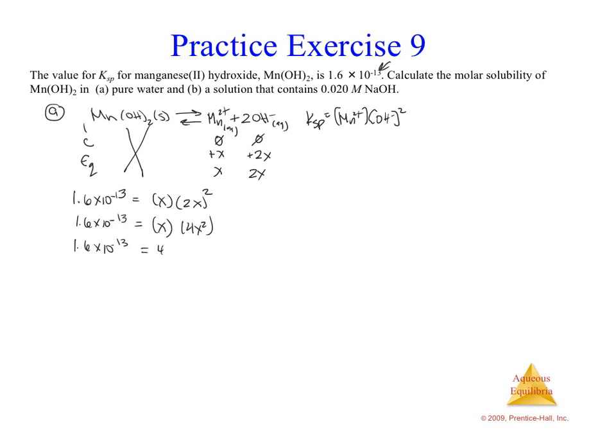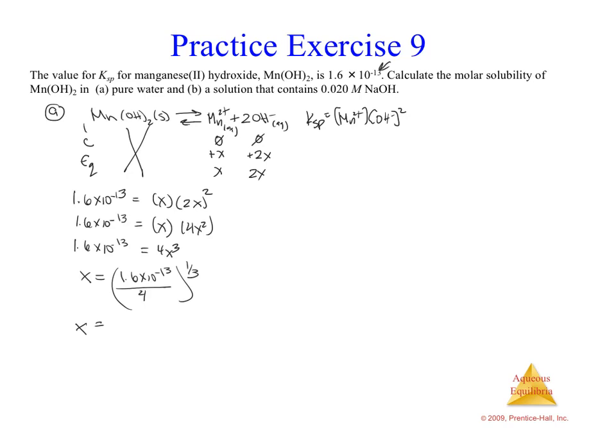So 1.6 times 10 to the negative 13 equals 4x cubed. I solve for x: 1.6 times 10 to the negative 13 divided by 4, to the 1/3 power. On the calculator, we plug in 1.6 E negative 13 divided by 4, enter, caret, parentheses, 1/3 close.